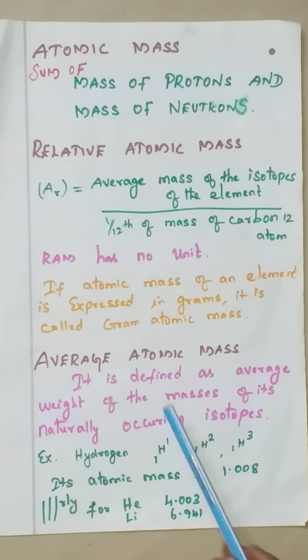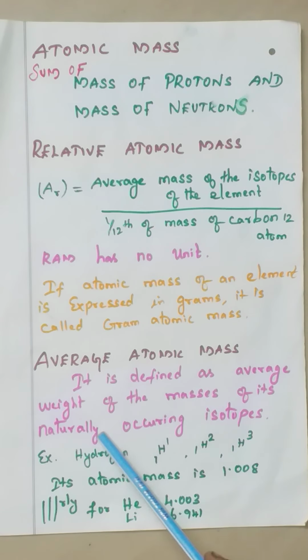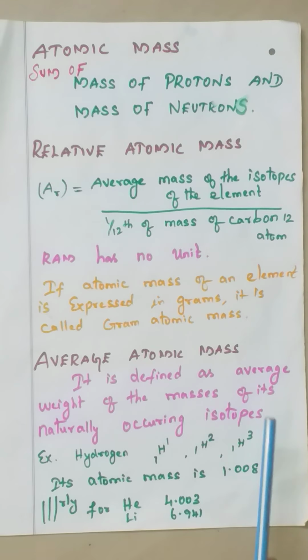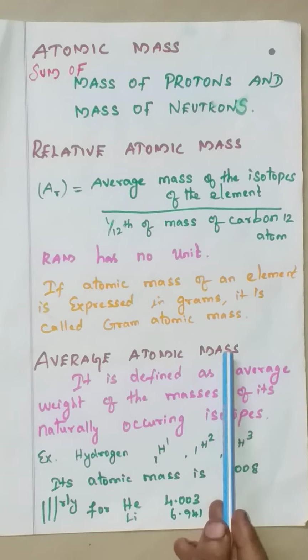So the definition is: the average weight of the masses of its naturally occurring isotopes, not artificial ones, because isotopes can be artificially prepared by nuclear reactions, nuclear fission or fusion. Here we take the naturally occurring isotopes, and their average weight of the masses we call the average atomic mass.